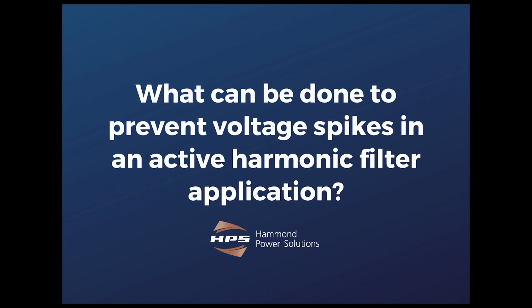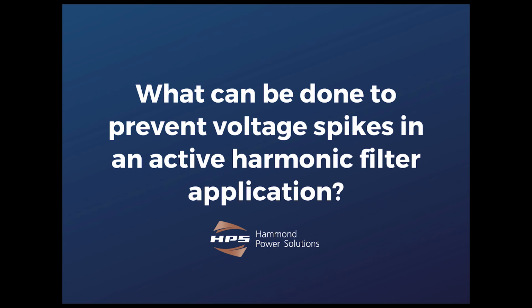I do have a question here. What can be done to prevent voltage spikes in an active harmonic filter application? So voltage spikes are kind of outside of a lot of our products. Typically, you would have some type of surge protection device.